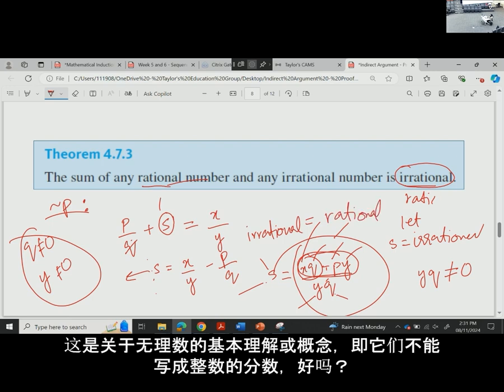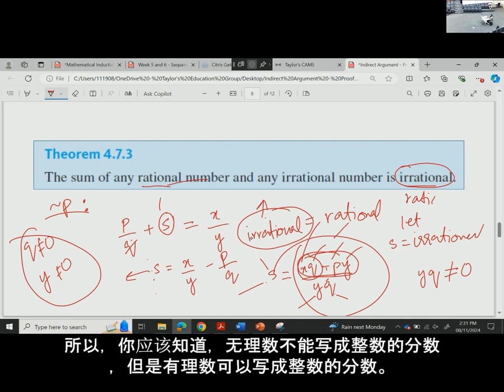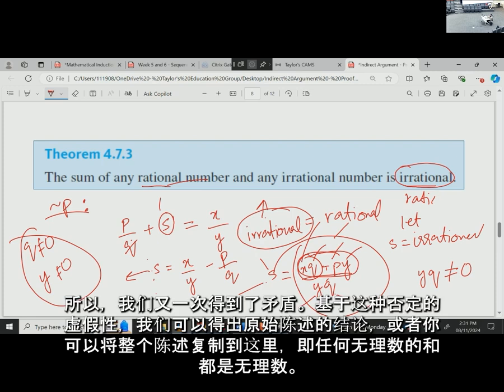This is the fundamental concept about irrational numbers, that they cannot be written as a fraction of integers. So you should know that irrational numbers cannot be written as a fraction of integers, but rational numbers can be written that way.